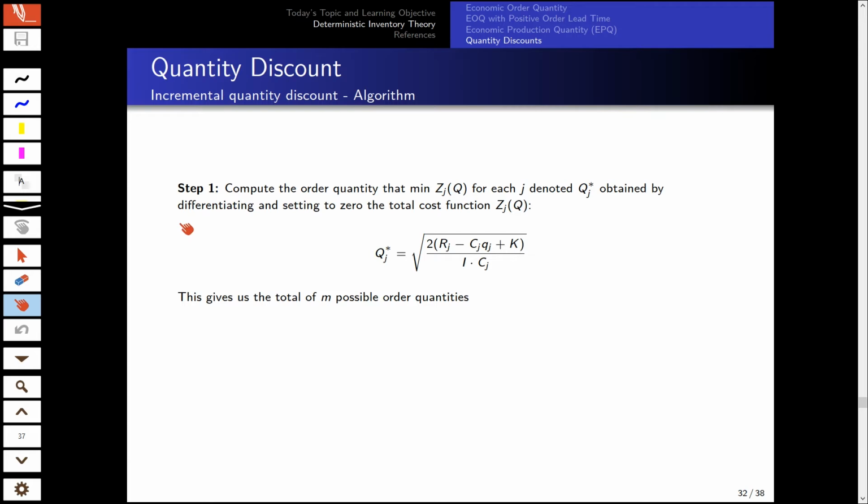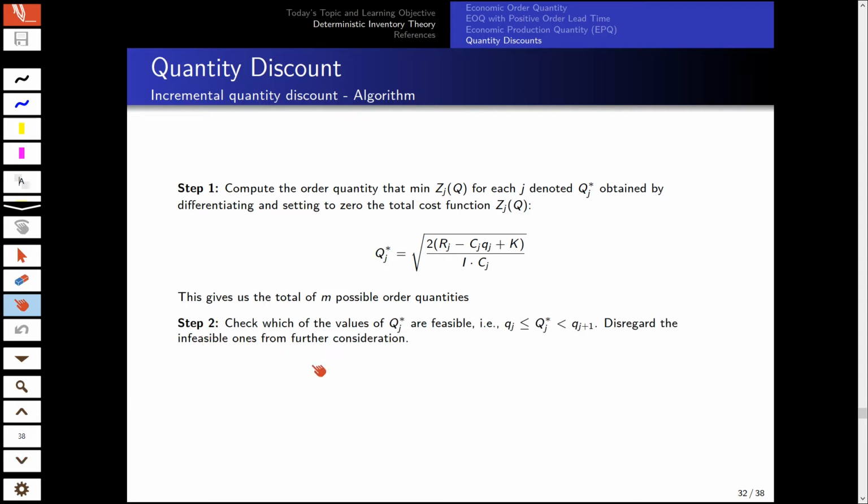We obtain it by differentiating and setting to 0 the total cost function that we have just derived. This is the term you should get for the optimal order quantity if you do the differentiation and the setting to 0. And here we need to compute all the different order quantities for all the possible discount levels that we are facing.